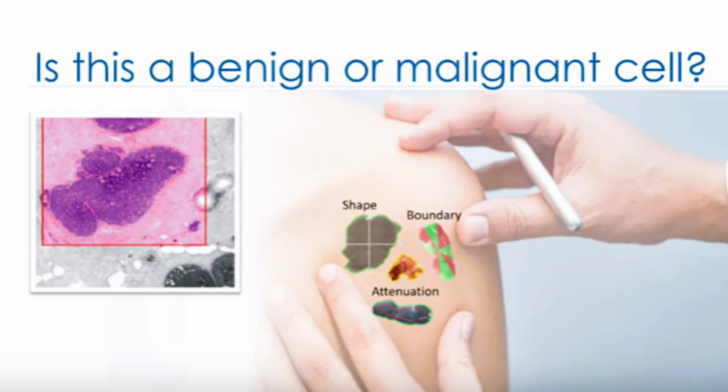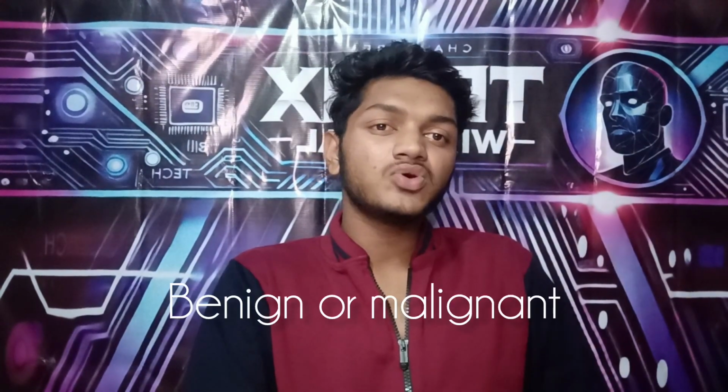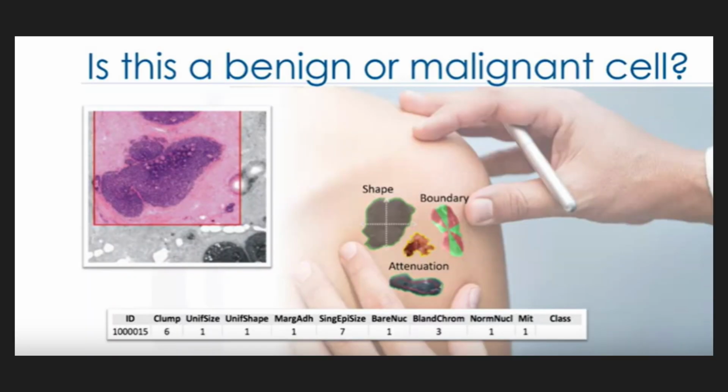For example, it learns what the tumor size and shape look like, and then it predicts whether it is likely to be benign or malignant. But if there are irregularities or rapid growth, then it might be malignant. From the past records, the machine learning model predicts.